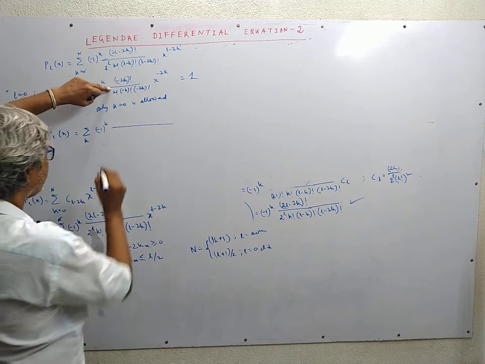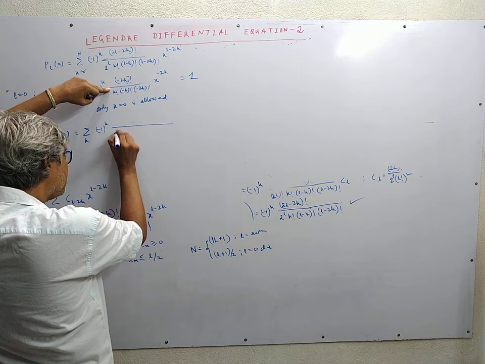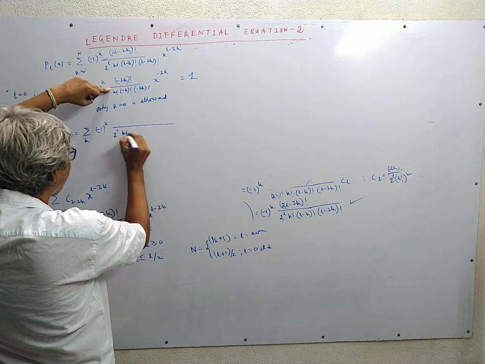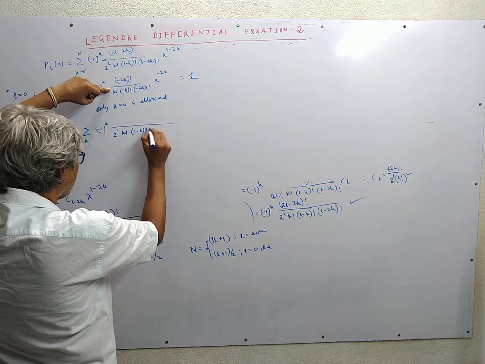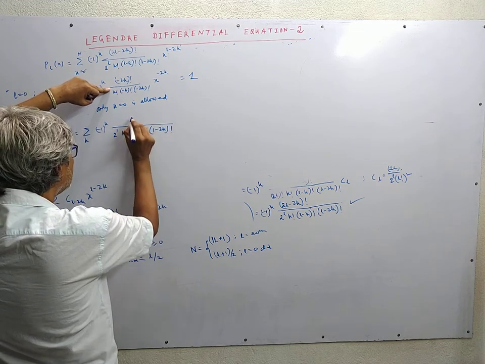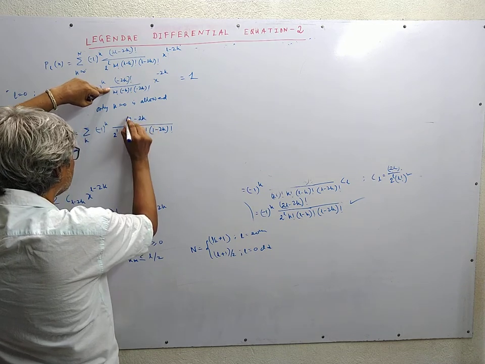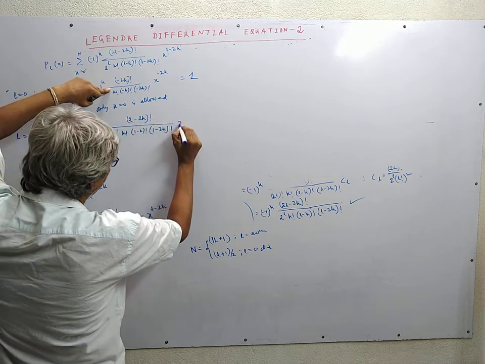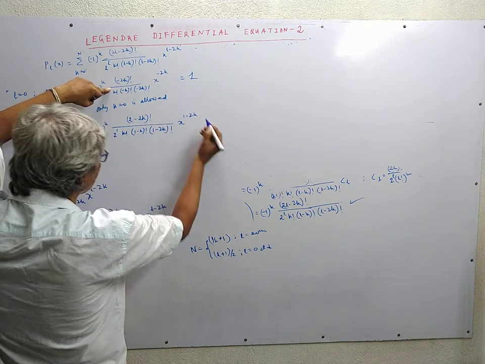In the denominator we will have 2 to the power L, that is 2 to the power 1, k factorial, (1 minus k) factorial, (1 minus 2k) factorial, (2 minus 2k) factorial, x to the power (1 minus 2k).